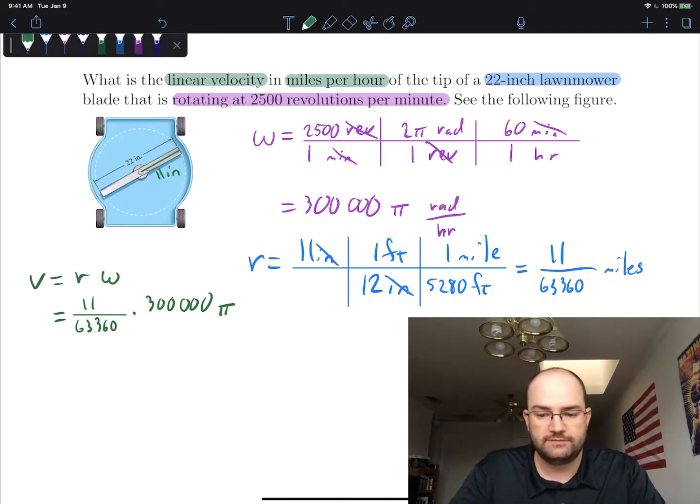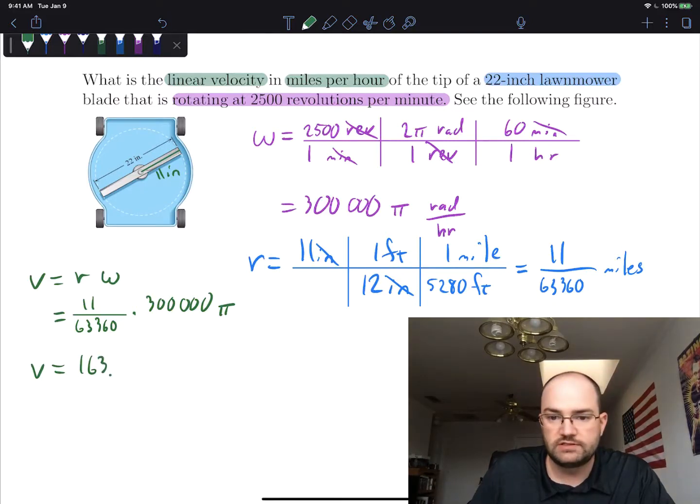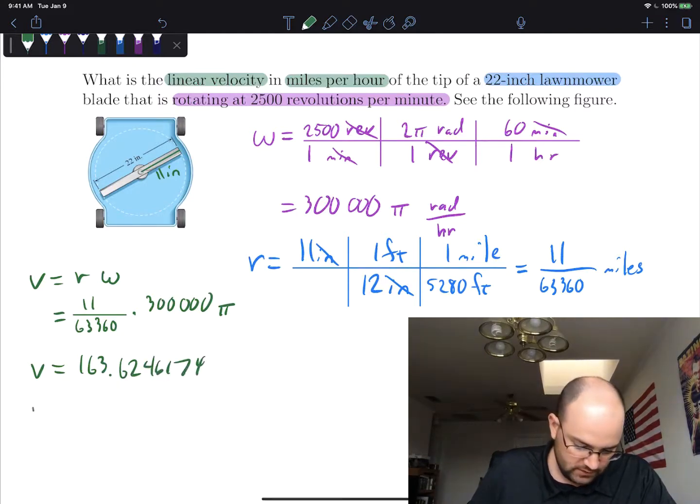So 11 divided by 63,360, and then times 300,000, and then times pi. Will give me the velocity to be 163.6246174, which gives me the velocity to be about 164 miles per hour.